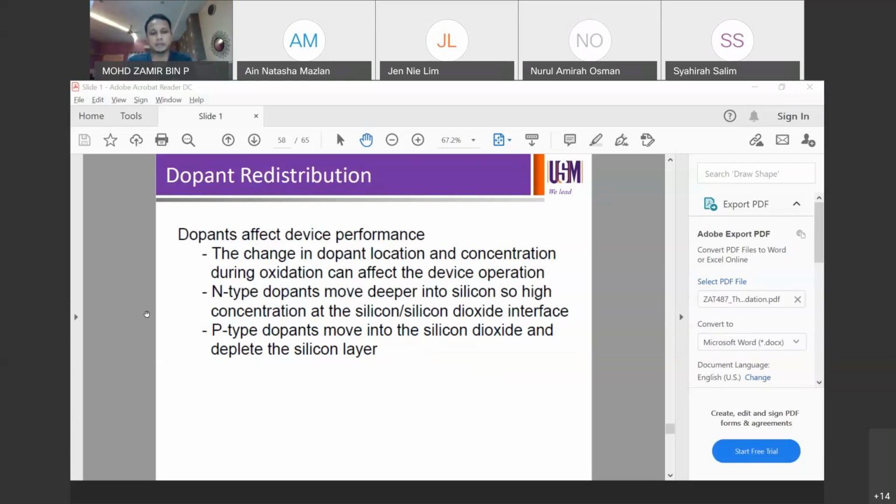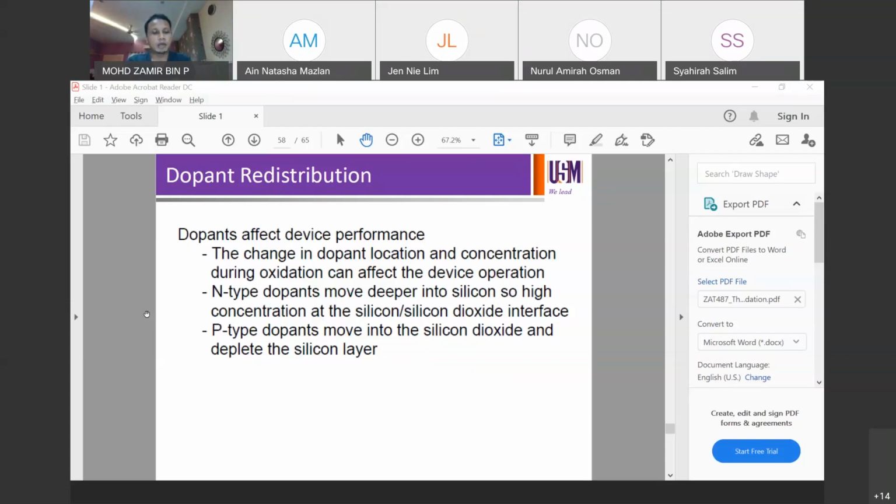N-type dopants move deeper into silicon, giving a high concentration at the silicon dioxide interface. N-type dopants such as phosphorus and arsenic tend to pile up at the silicon interface, giving a higher concentration of the dopants in the silicon, so M is more than 1, because the concentration in silicon is higher than the concentration in oxide.